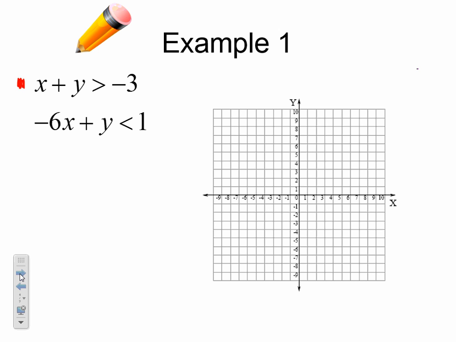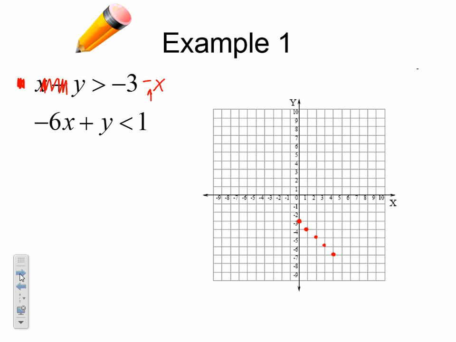I will subtract the x to the other side, and then it becomes y is greater than -3 minus x. And when I go to sketch that graph, remember I'm going to start at -3, and then I'm going to go down 1 over 1 to create that slope, since the slope is the number in front of the x. The slope is -1, so I'll start at -3 and go ahead and slope that line.